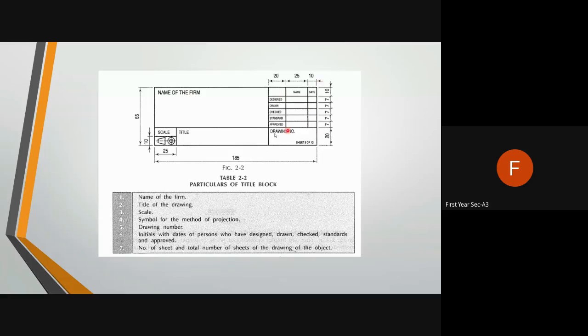So all these things are to be mentioned here. But in our college case, in the title block, it is written the name of college, the name of sheet, then sheet number, date of drawing, then date of checked. All these things are mentioned. All dimensions are in mm. So that is readily available there.